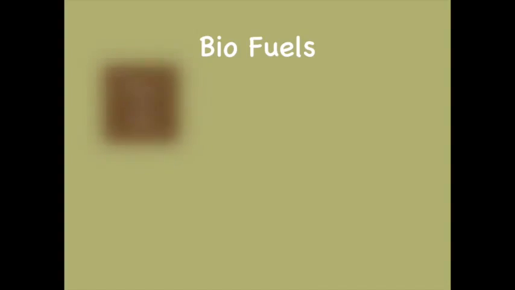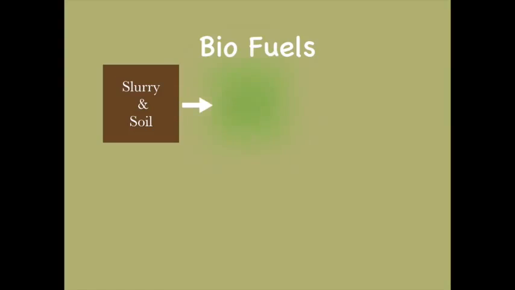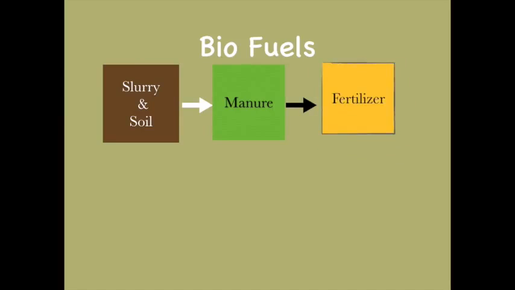Now, similarly, let's learn about a biofuel or a bioplant. In this scenario, we use slurry and soil, and this slurry and soil are then mixed with manure and some fertilizers. So it's a basic combination of all the bio stuff.